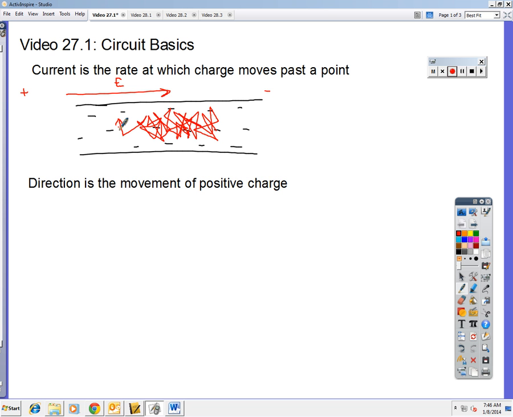And there's a lot of electrons doing this, and so all told, if you look at a cross-section of the wire, let's say that, and you count how many electrons pass through that per second, you can compute the total charge that passes through that plane every second, and that's the current. So a way of writing it is I is Q over T, or sometimes we write it as dQ/dt.